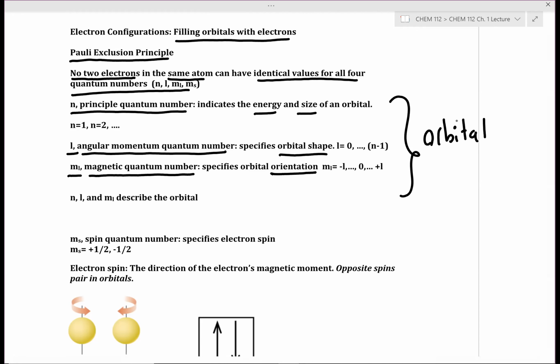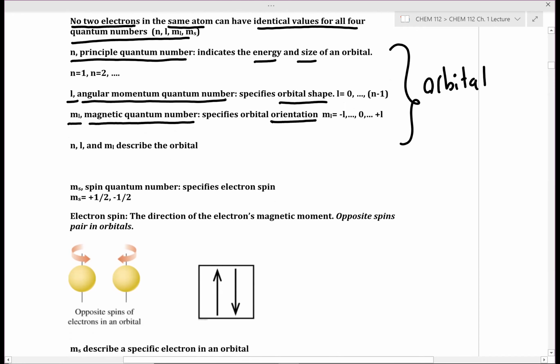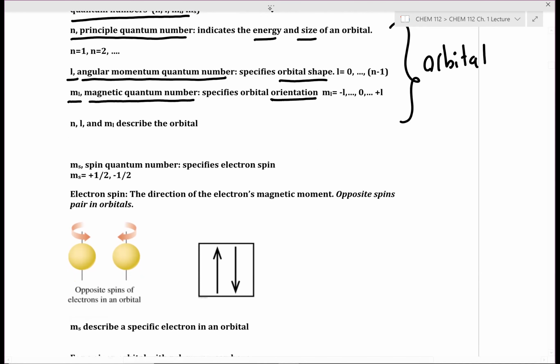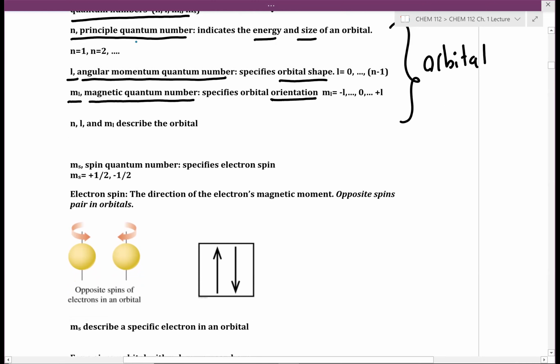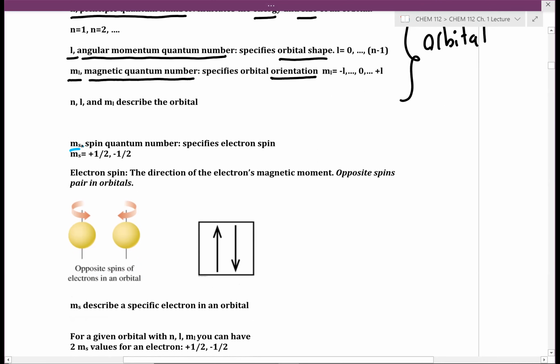So the last major quantum number to discuss focuses heavily on the properties of an electron. And this last quantum number is known as ms, or the spin quantum number, and it specifies electron spin. Ms can be either +1/2, otherwise known as up spin, or -1/2, otherwise known as down spin.